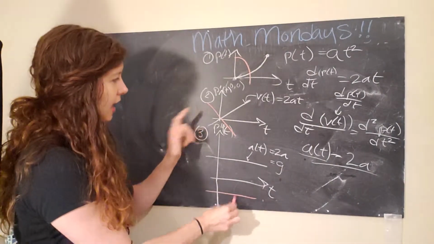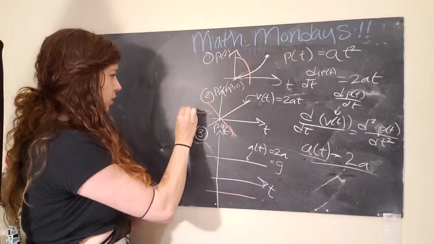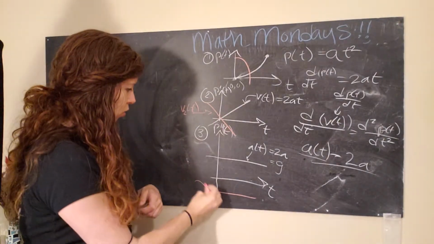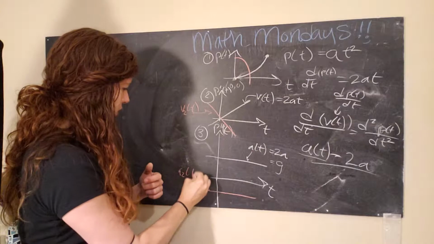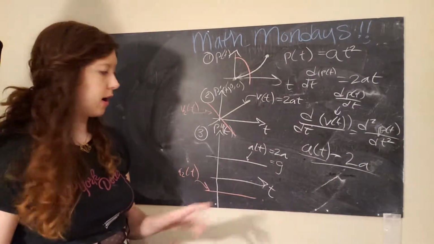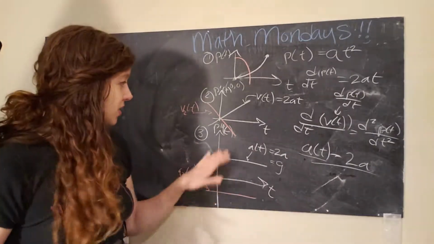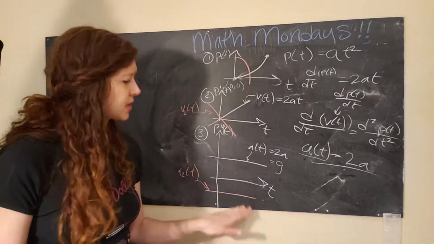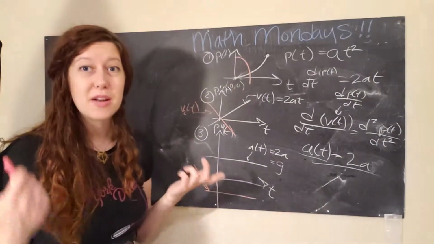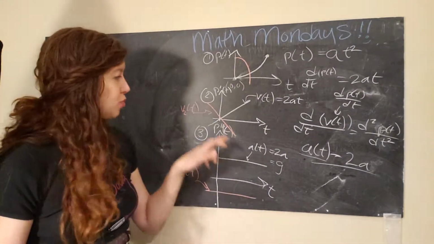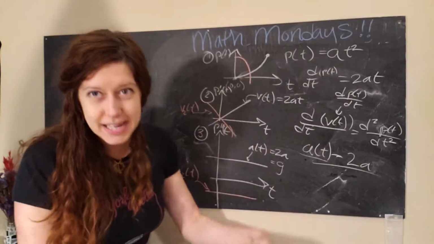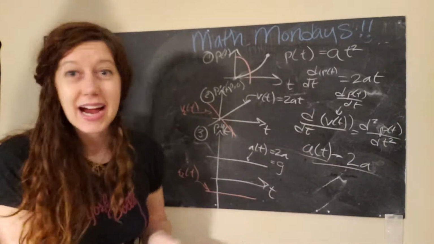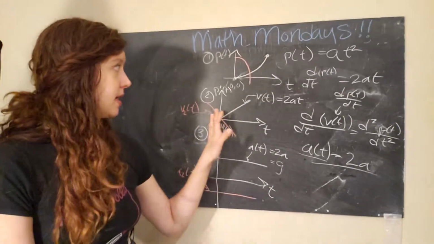And so by looking at either one of these, we'll call this v2 of t or a2 of t, hopefully y'all can see that. So in this case, if I saw either one of these graphs, I could say, okay, our acceleration is constant, but it's negative, which means that our velocity is decreasing, aka I had my foot on the brake pedal that whole time.